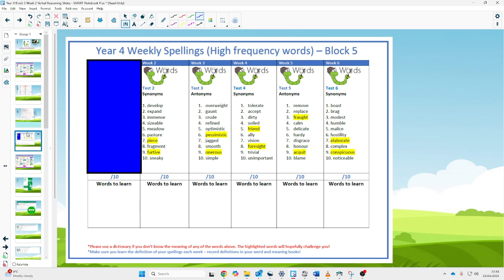Question 4 is apathy. Number 5 is frail. So when something is frail, it's weak.